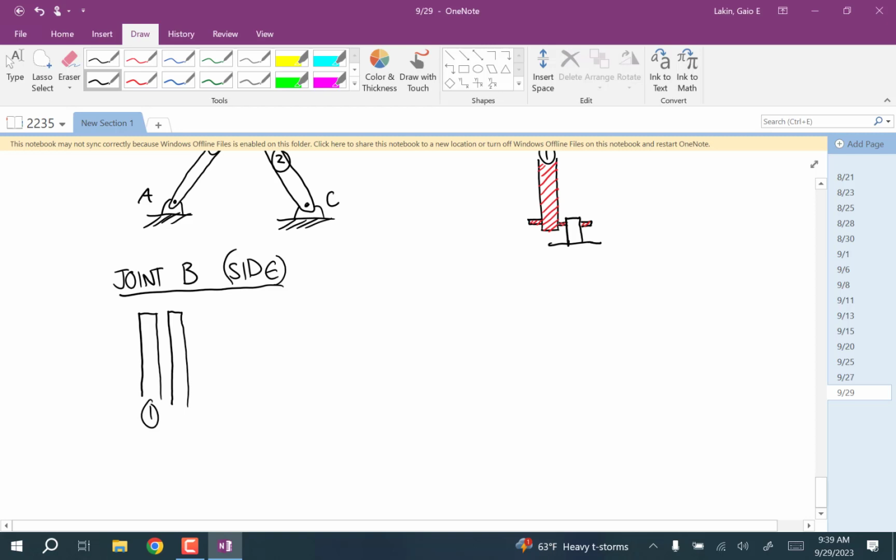Here's member 2. They're angled opposite directions. If you can sort of visualize that, we're looking from the side. And they're connected by a pin. Well, 1 is the lowest numbered member at this joint, and so the pin is considered to be part of member 1. So the red is all member 1. Okay?